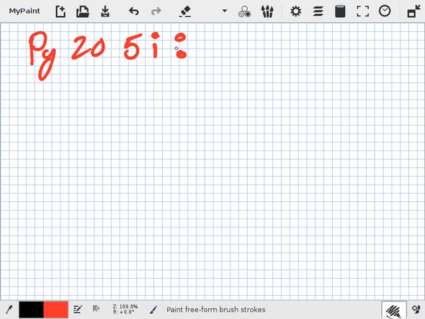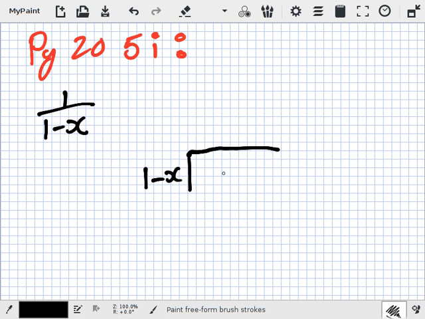Okay. We have 1 over 1 minus x, and we want to simplify this. So, let's do the long division: 1 minus x divided into 1. What do I multiply 1 by to make it 1? 1. So, carry out the multiplication and the subtraction.